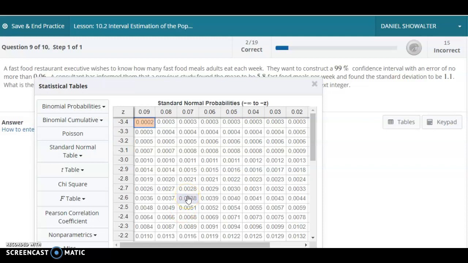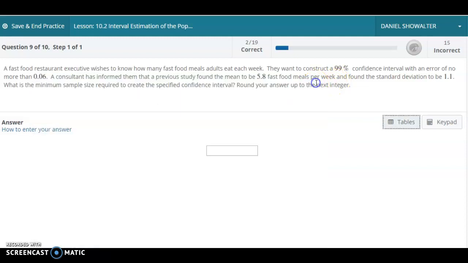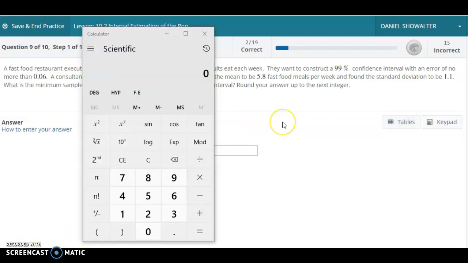So it's negative 2.57 and then positive 2.57 on the right side. So that positive 2.57. So we know that 2.57 times the standard deviation divided by square root of sample size will give us 0.06.